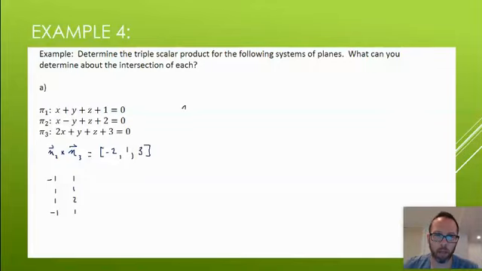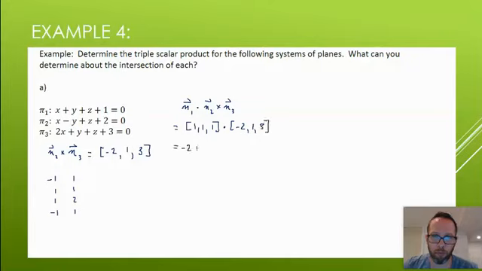And so N1 dotted with N2 cross N3 is 1, 1, 1 dotted with -2, 1, 3. I get -2 plus 1 plus 3, and I get 2.